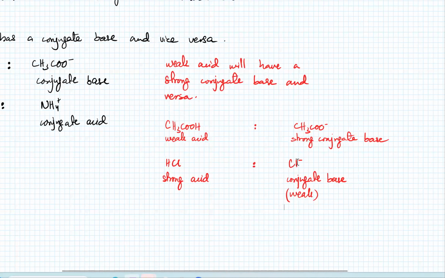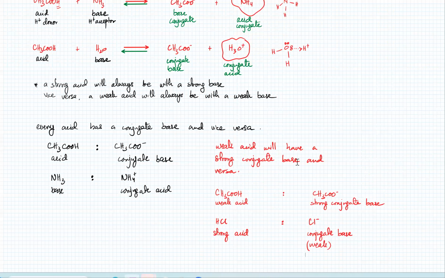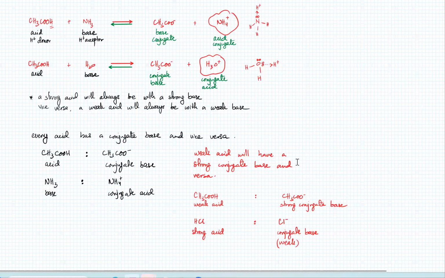Yep, it's clear. Okay, so just remember that you got acid-base pairs in every reaction. An acid will always have a base. A weak acid will always have a weak base. A strong acid will always have a strong base. The reason is that if you've got a strong acid, then the base will automatically be strong as well.